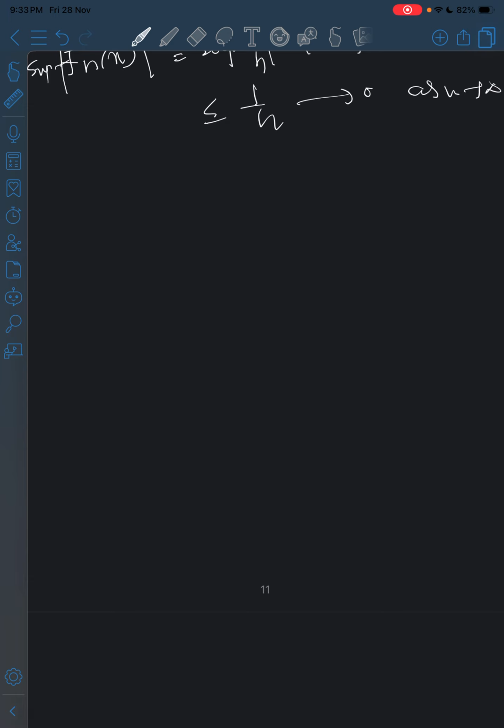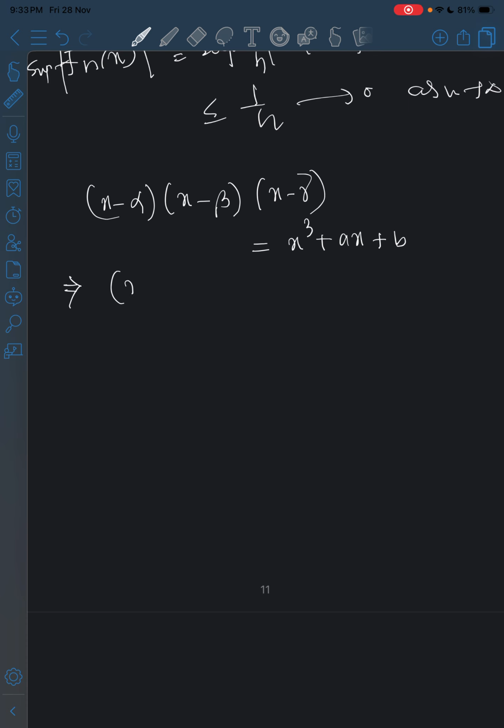Now how to do it? So (x minus alpha)(x minus beta)(x minus gamma) is x cube plus ax plus b, right? So then (x square minus alpha x minus beta x plus alpha beta) times (x minus gamma) is equal to x cube plus ax plus b.